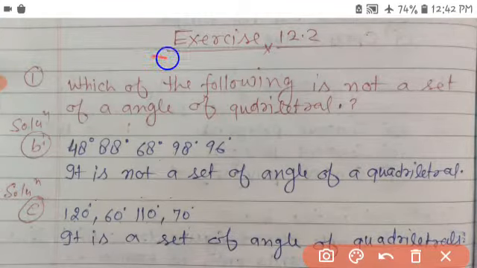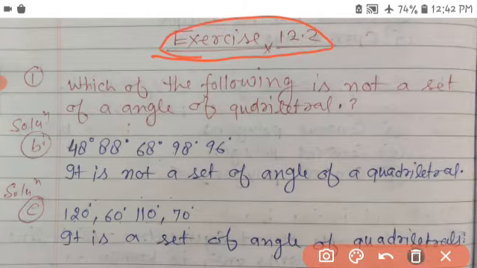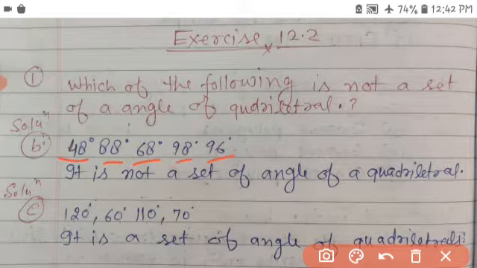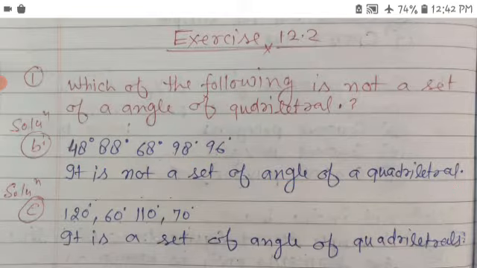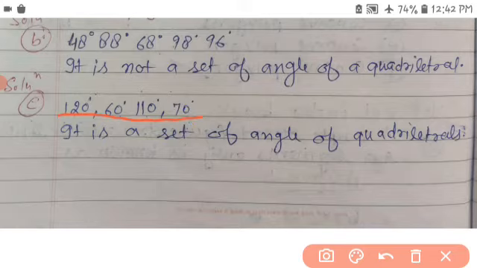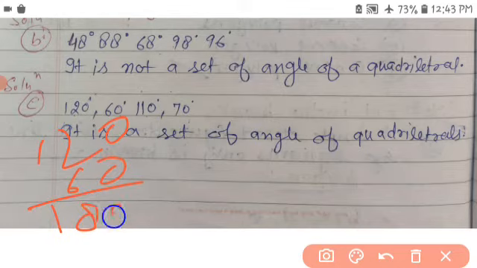Okay, children, exercise 12.2. Which of the following is not a set of angles of a quadrilateral? Look at the options 1, 2, 3, 4 and 5. Five angles are not possible in a quadrilateral, so it is not a set of angles of a quadrilateral. Next is 120 plus 60 plus 110 plus 70. 120 plus 60 is equal to 180 degrees.